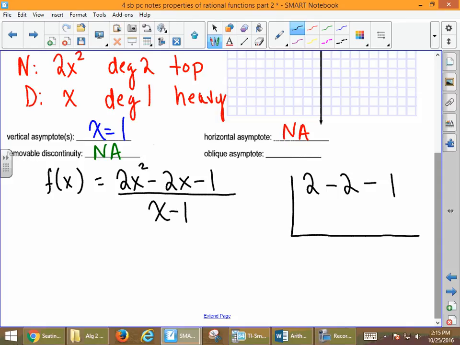When we divide, down here, we have x minus 1. And what we're going to do is we're going to change the sign on the minus 1 and make it a 1. And finally, we're going to take the first term and we're going to carry it down.